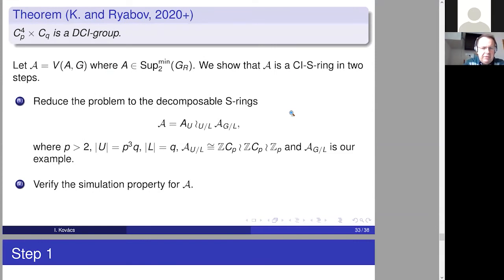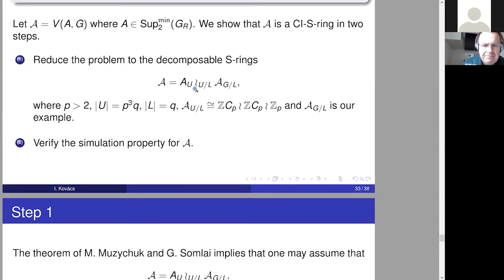The first step is the reduction of the problem to very special S-rings as possible candidates to be non-CI. We reduce the problem to generalized wreath products when, first of all, p should be odd. The subgroup U has index p, L is of order q, and the induced S-ring of order p^3 is a wreath product.